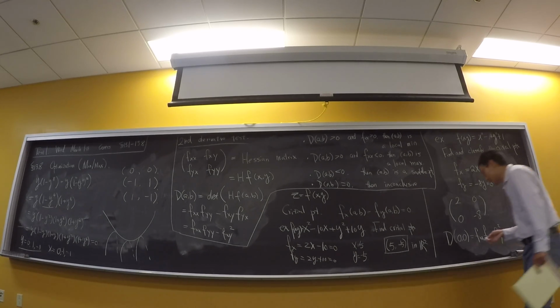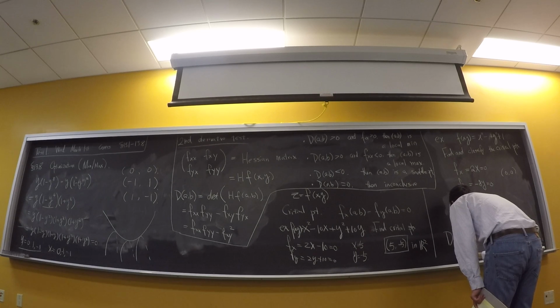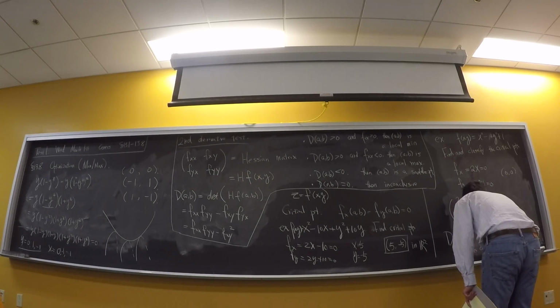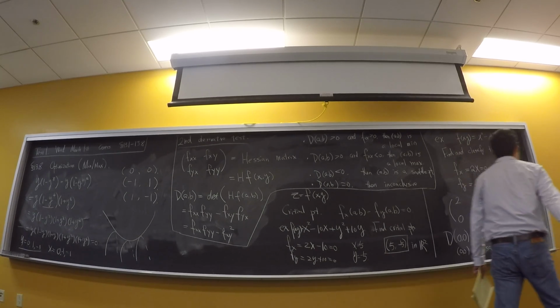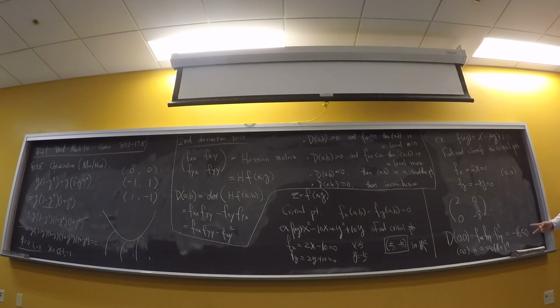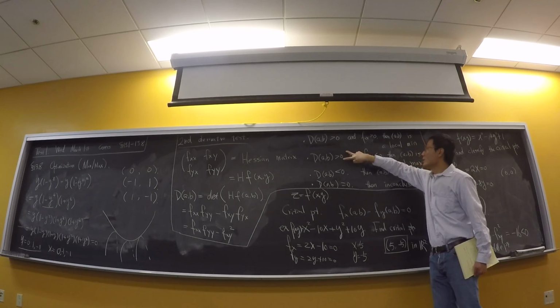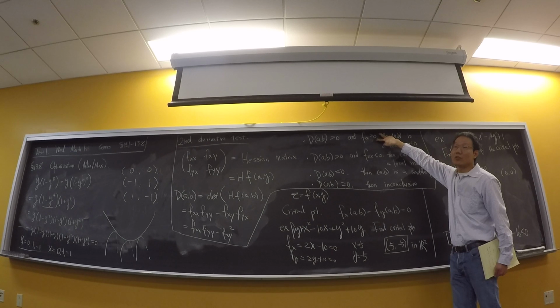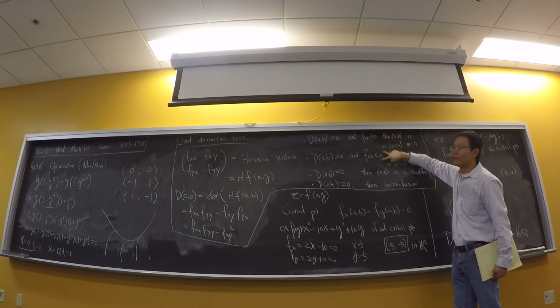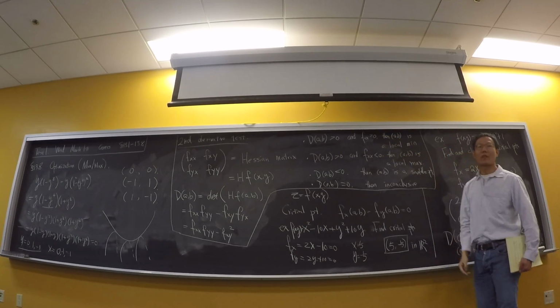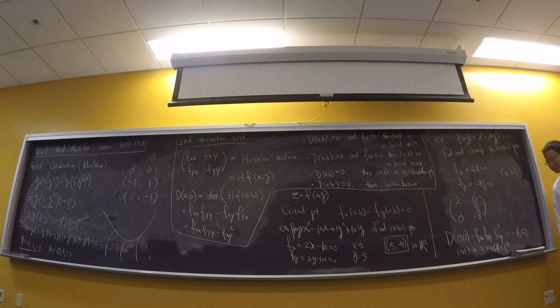So basically this says (0,0) is a saddle point. If the determinant is equal to 0, you're immediately done as well. It's inconclusive. The only complicated version is when the determinant is greater than 0, then you need to look at the very first entry, whether it is positive or negative.